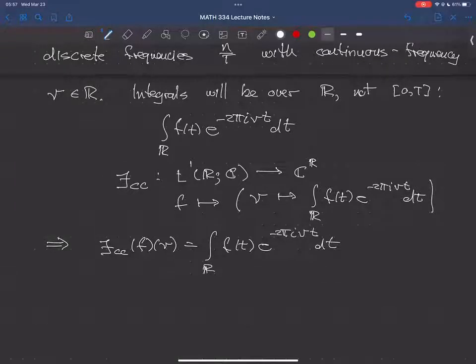Like so, okay? So those are my two continuous time Fourier transforms.